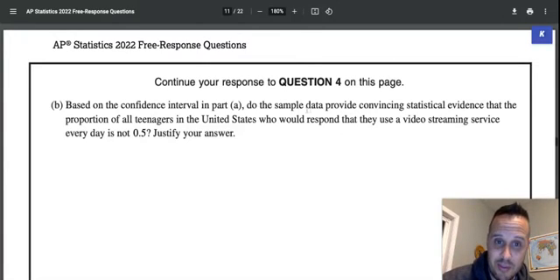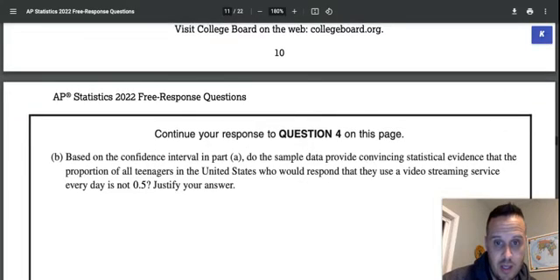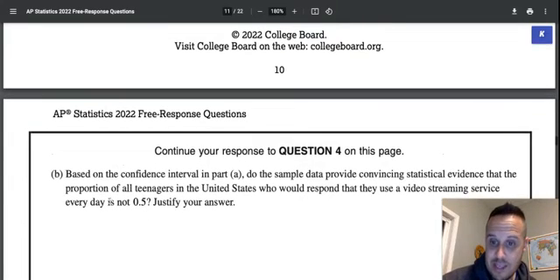Do the sample data provide convincing evidence that the proportion who would respond is not 0.5, okay? So nice thing about is not 0.5, a two-sided test is equal in logic to whether or not a 95% confidence interval captures it.